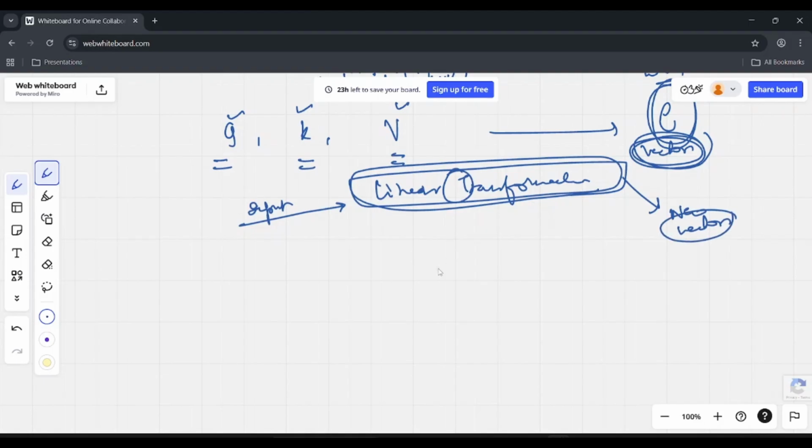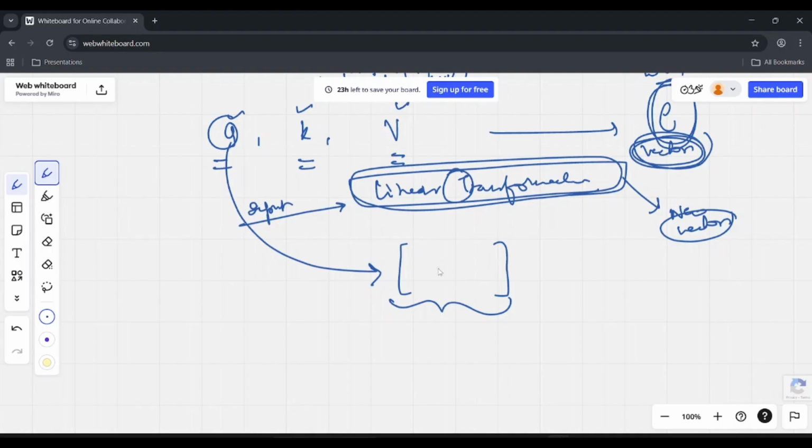Okay, and how do we do it? We take a matrix and we multiply our vector with it. It's that simple. Because this matrix is what helps us in linear transformation.